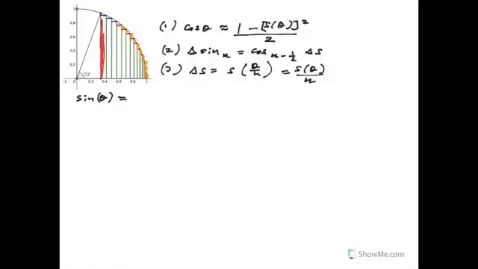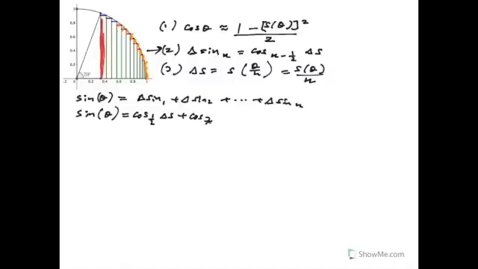Well, those things can be thought of as delta sine 1 plus delta sine 2 all the way up to delta sine n. Now, this is going to get a little bit more tedious. Using formula number 2, I can replace all of these delta signs with, in this case, cosine 1/2 delta s plus cosine 3/2 delta s all the way up to cosine (2n minus 1) over 2 delta s.